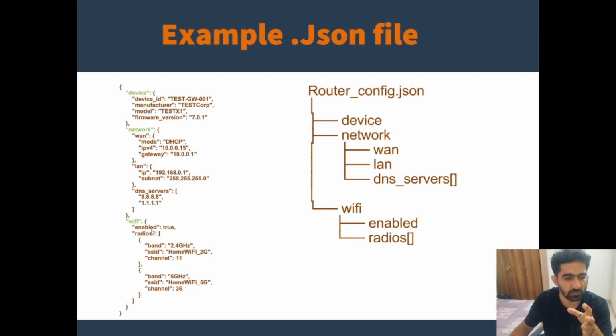And here we have radios, which is also in the form of an array. I've laid it out like this to understand the JSON file easily.